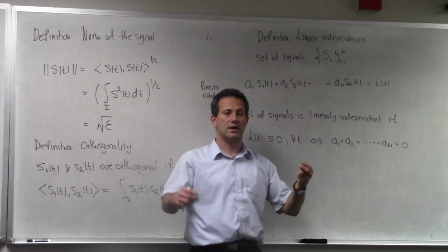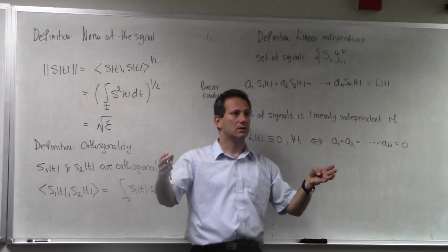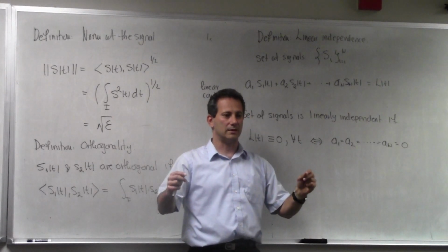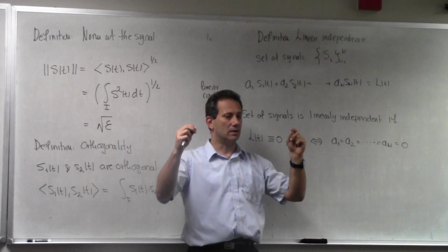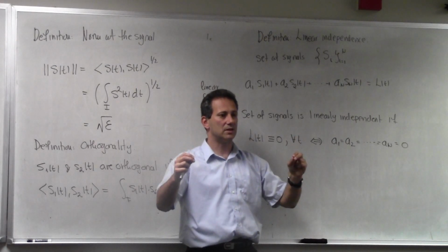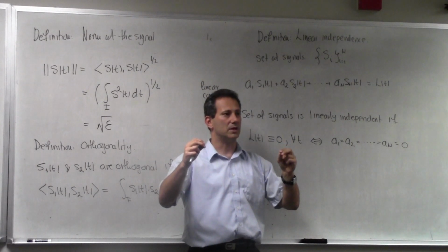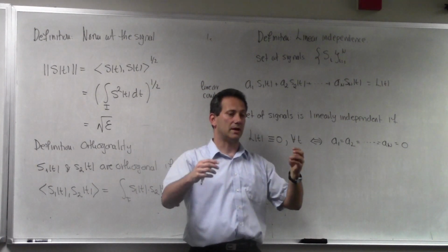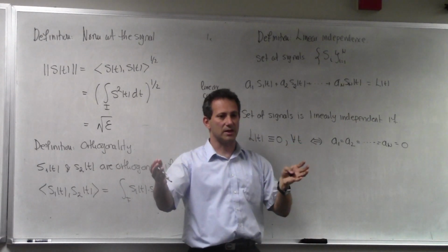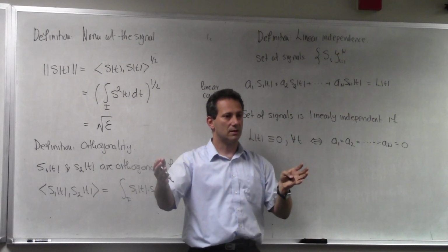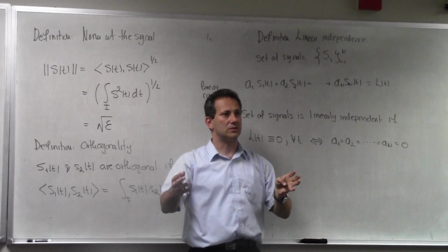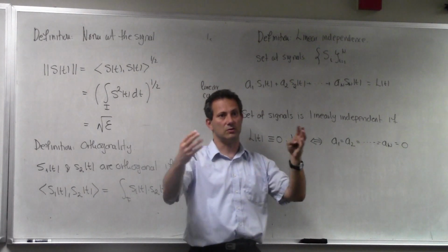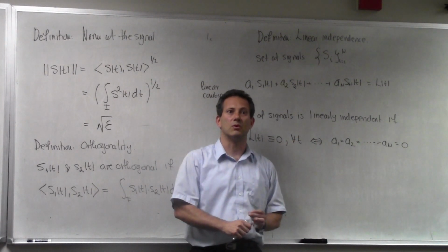So let's say I have m equal to 15, and it turns out that I can represent all of these 15 signals as a linear combination of 3 signals. Then my signal set has 15 signals in it, but the basis of this signal set is 3. I have 3 independent signals that I can use to represent all of them.